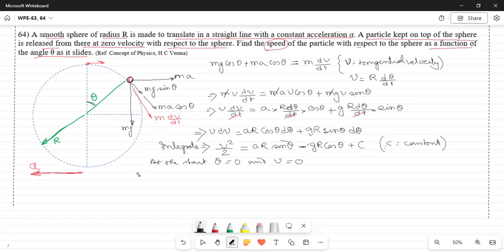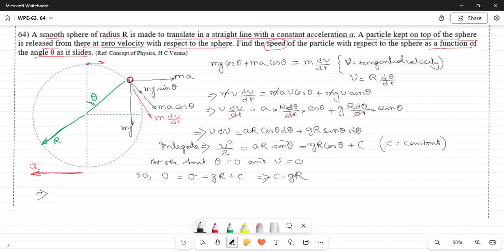So we rewrite the equation now. This is equal to 0, 0 equal to sine 0, which is 0, minus cos 0 is 1, so GR plus C. From here we find C equal to GR.